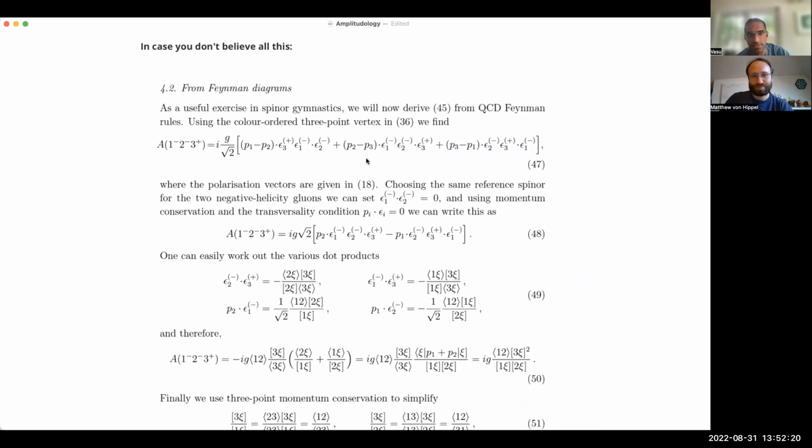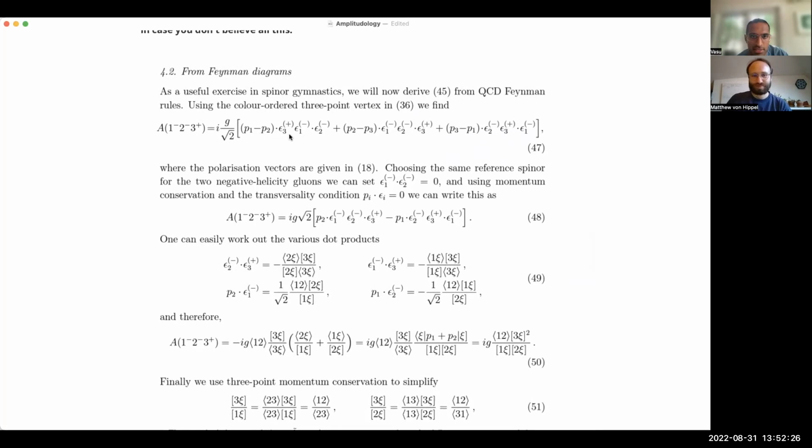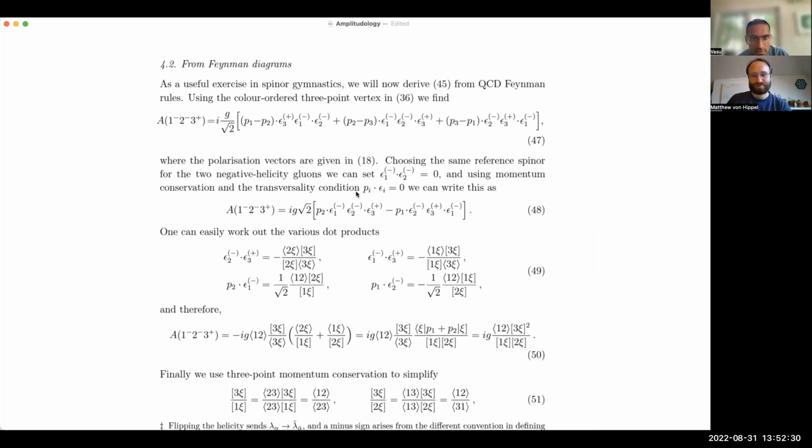And just in case you think that we're pulling one over on you, here's a Feynman diagram calculation starting from QCD. Just go through what it would look like.